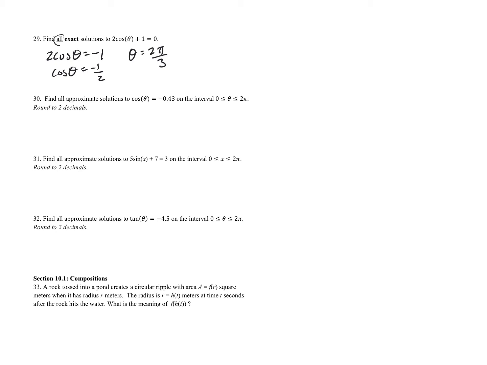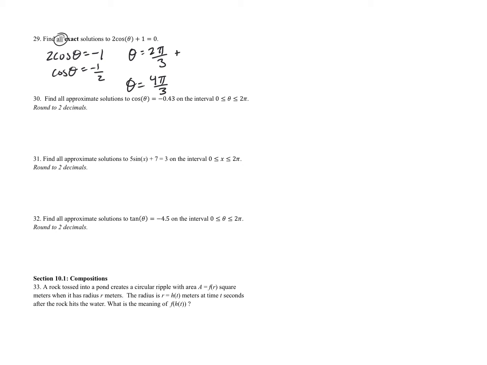And so notice that they want all of the exact solutions. So 2 pi over 3 is that first general angle, that's true, but we also keep in mind we're on the same side of the graph, that left side, so we're also going to get 4 pi over 3 as one of our answers. Those are the two main ones, and we can keep going around the circle, adding 2 pi or subtracting 2 pi, to get every solution that would make this equation true.